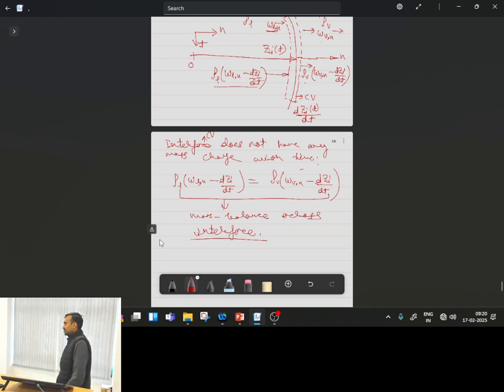Is this one clear? So this is nothing but our mass balance condition across the interface.